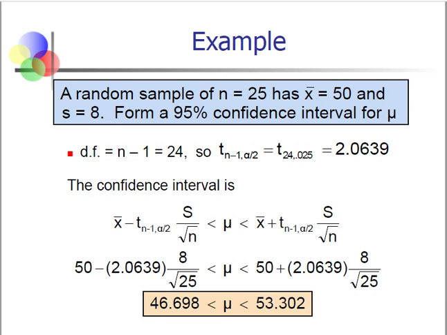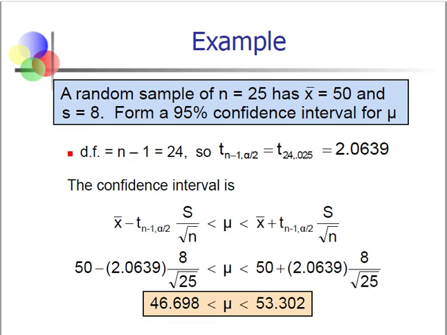Let's get to our example. A random sample of n equal to 25 has a mean x bar of 50 and a sample standard deviation of 8. Form a 95% confidence interval for the mean.